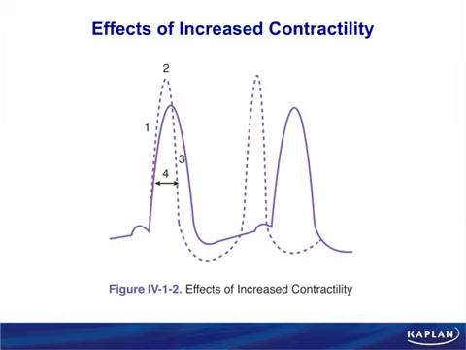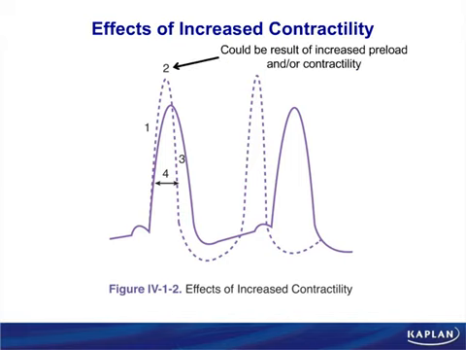Let's step back. Quick review. If I give the heart more blood, would peak systolic pressure go up? In other words, number 2? If you said yes, excellent job. So, if I were just given this pressure trace, for example on a question on Step 1, and I see an increase in peak systolic pressure, well, that could be a Frank-Starling mechanism.